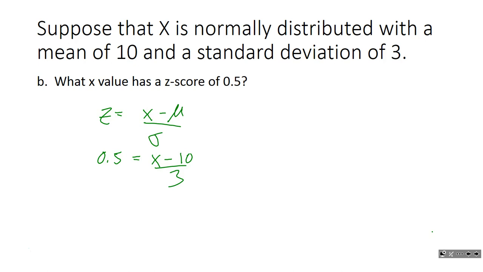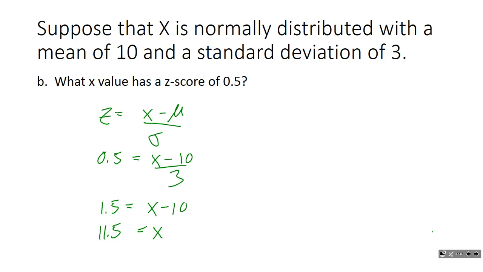If you multiply the left-hand side by 3, 0.5 times 3 will be 1.5. If you multiply the right-hand side by 3, it just cancels out the fraction and leaves you with x minus 10. We could now add 10 to both sides to solve the problem, and we would get 11.5. So 11.5 would have a z-score of 0.5.